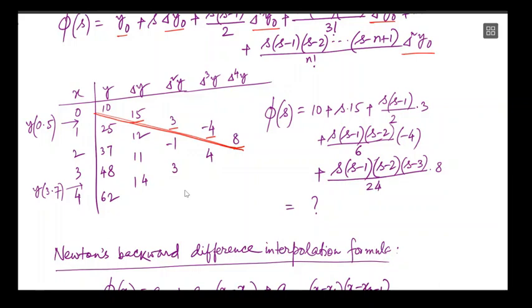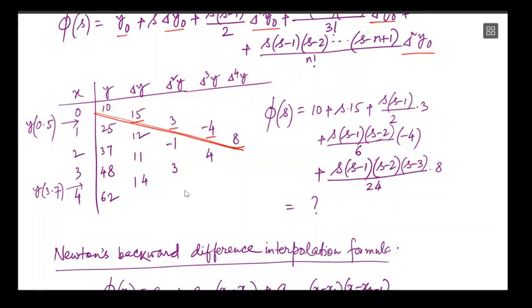And if the data points are equally spaced, then also we can use Lagrange's interpolation formula, but Newton's forward or backward difference interpolation formula will be more suitable when the data points are equally spaced.